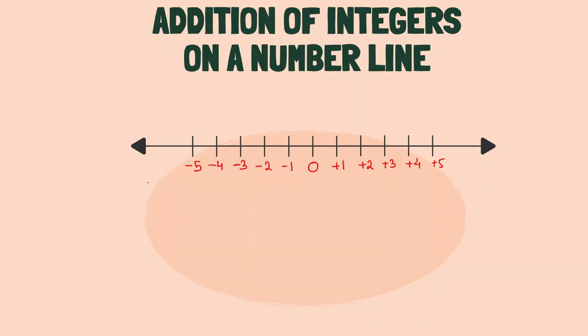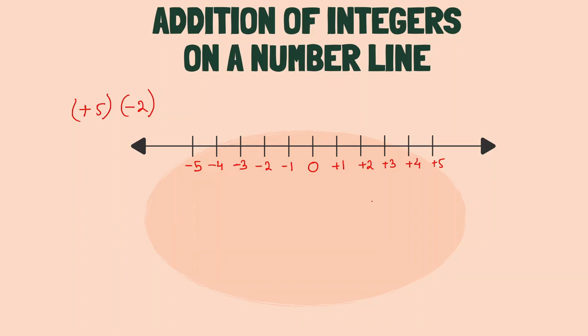Now let's take two integers, plus 5 and minus 2. So I have to add plus 5 with minus 2.